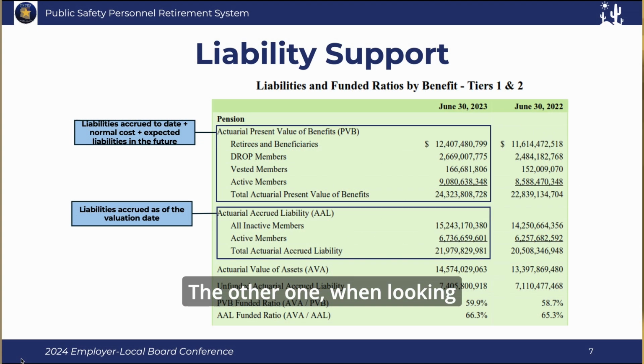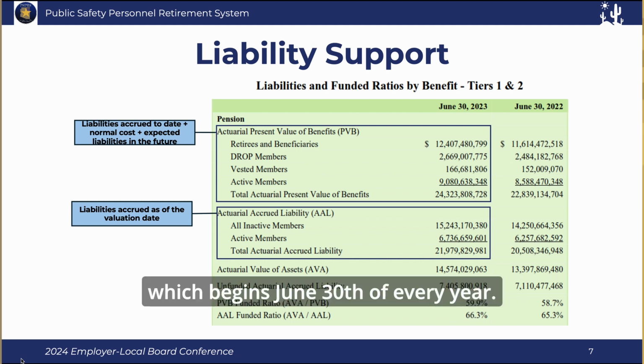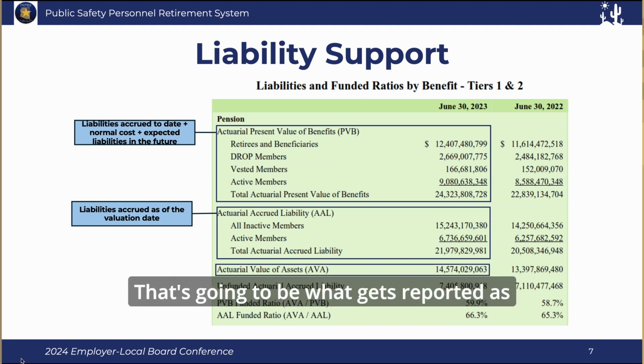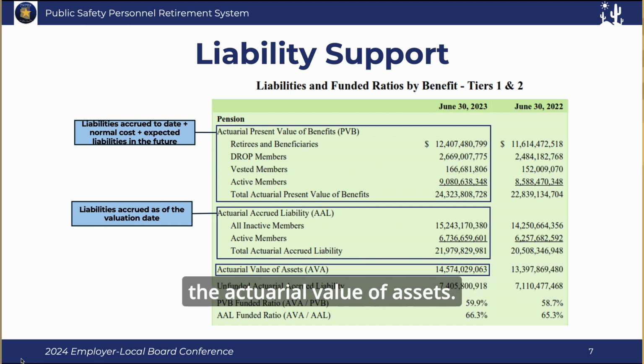The other one, when looking at actuarial accrued liability, is all the liabilities accrued as of the valuation date, which again is June 30th of every year. Your actuarial value of assets is what gets reported as the actuarial value of assets, different than market value, as we'll talk about on the next slide, asset support.